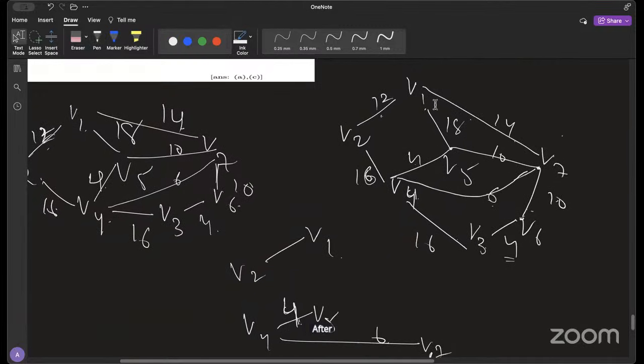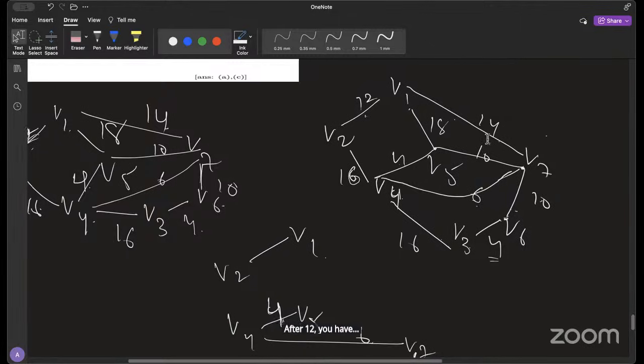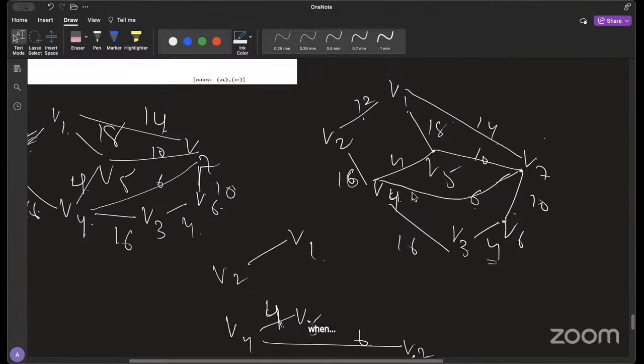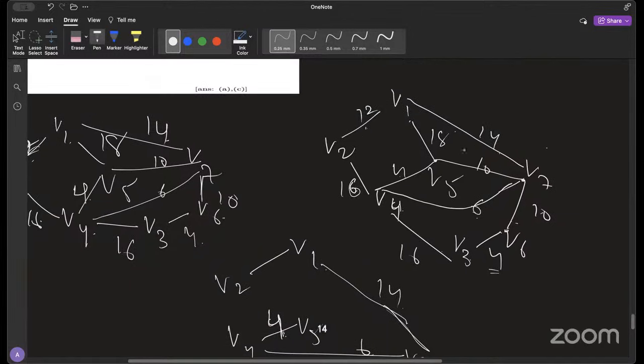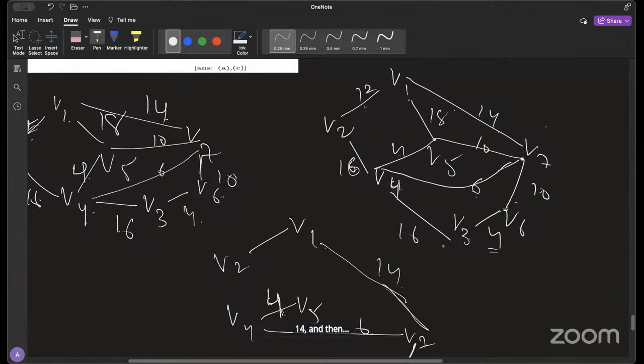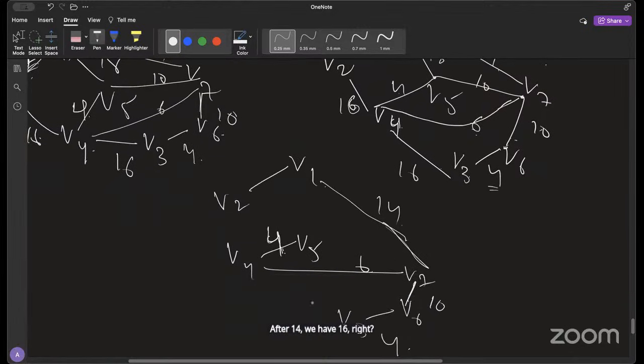After 12, we have 14, this one. And then after 14, we have 16. We can't take this 16, only this 16 is possible.